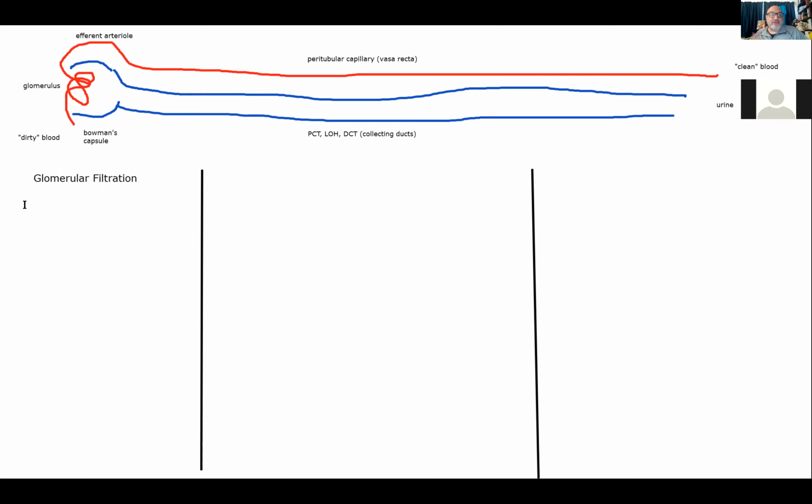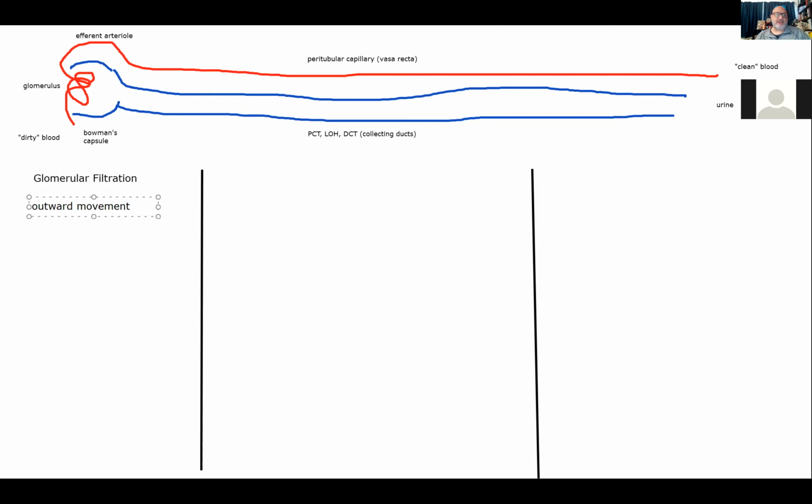It is filtration, so it is an outward movement. And notice in this case, when I'm saying outward, I am meaning out of the body, right? If you think about it, these tubules, because they ultimately connect to our urethra, to the outside of the body, basically anything that is in these tubules and stays in the tubules is going to leave the body.